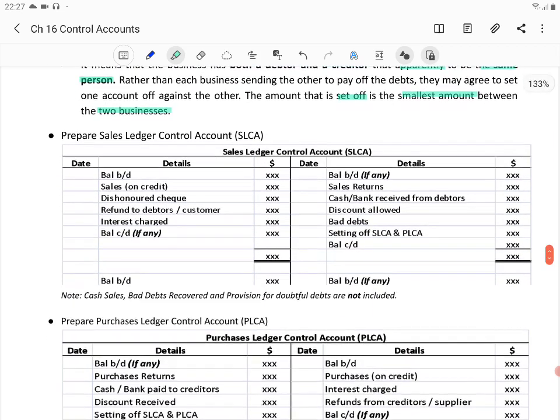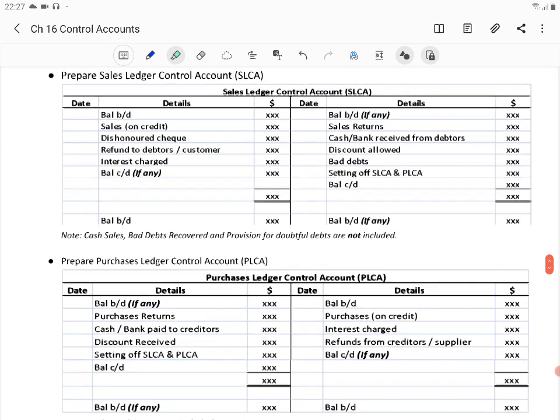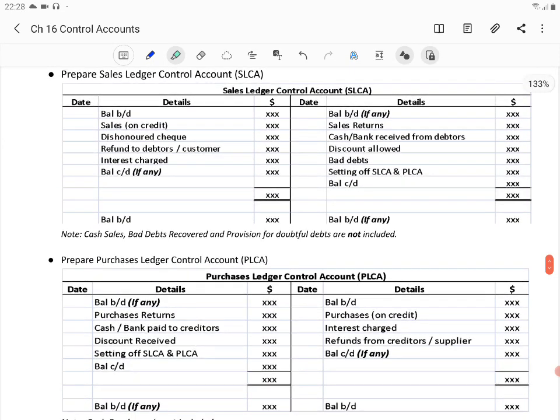Next, the last one, the template for SLCA. To prepare the SLCA, this is how it is going to look like. On the debit side, you will have a balance b/d over here, the normal balance, and then this is the abnormal balance, the one where there is an overpayment or any other transactions that might cause the SLCA to have a credit balance.